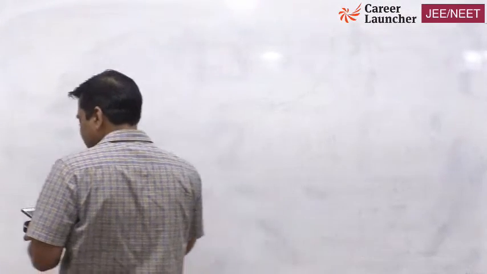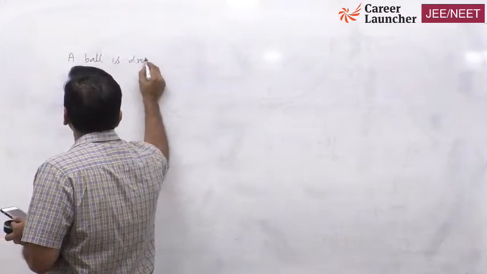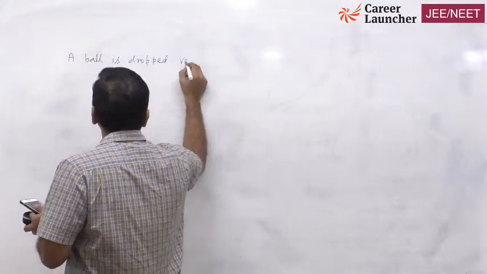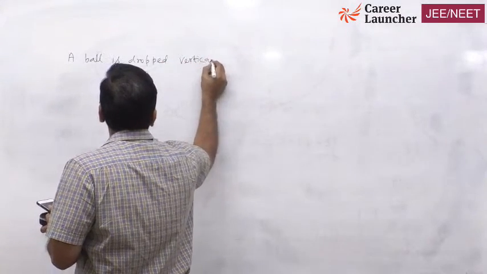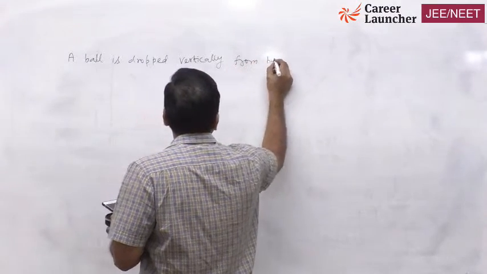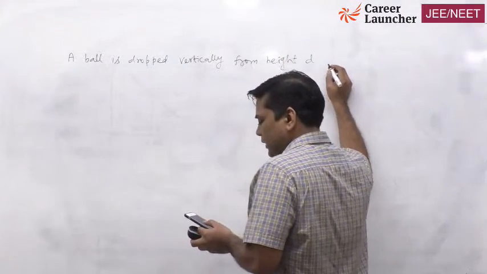A ball is dropped vertically from height d above the ground.